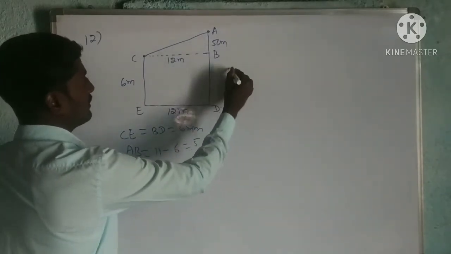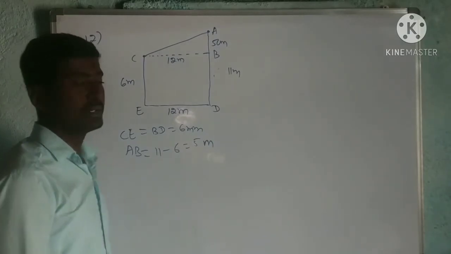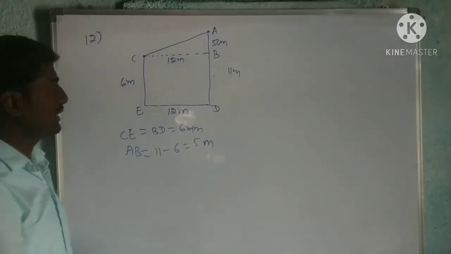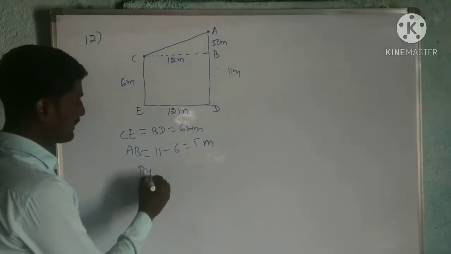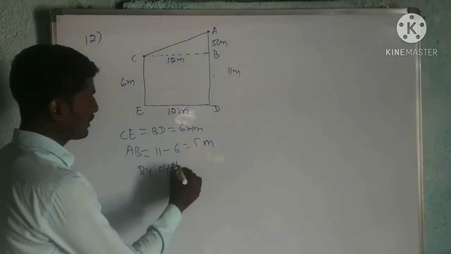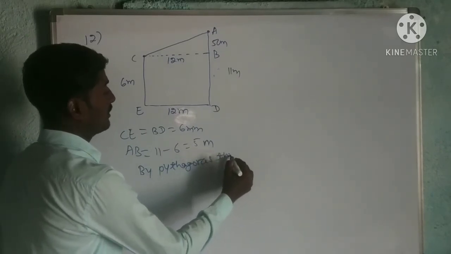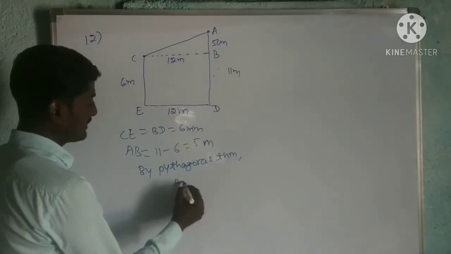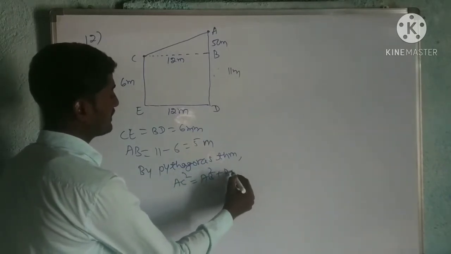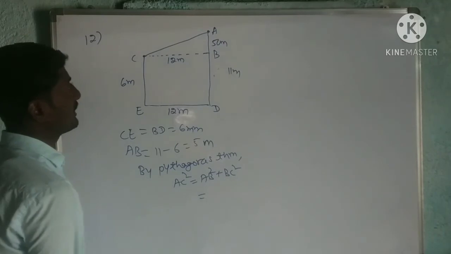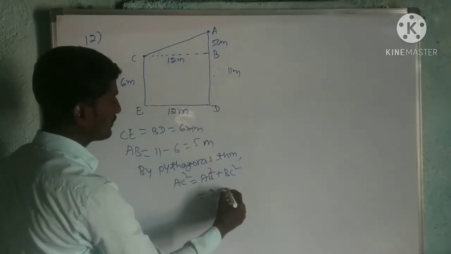Now I have to find AC, the distance between the two tips of the two poles. Now by Pythagoras theorem, what can I write? AC square is equal to AB square plus BC square. Now AB square is nothing but 5 square, it is 25.